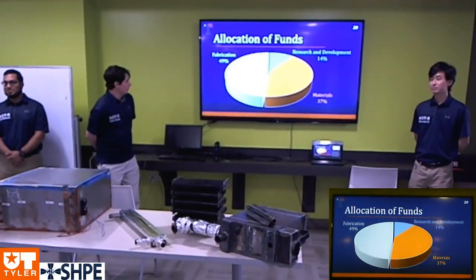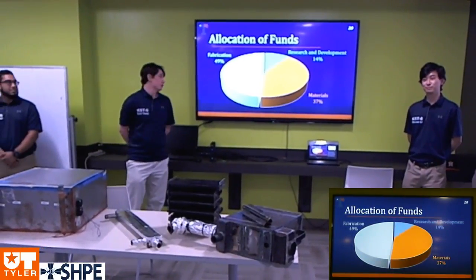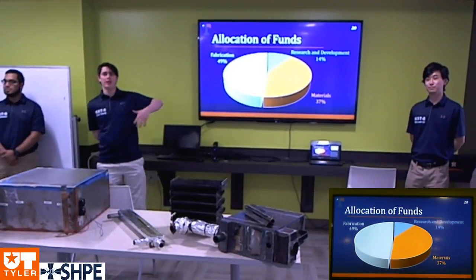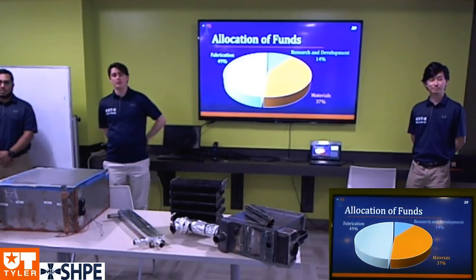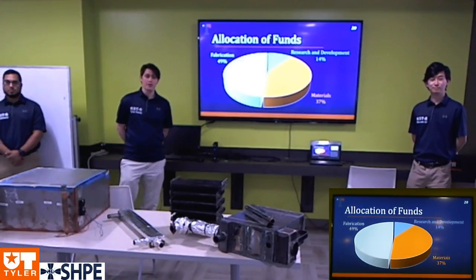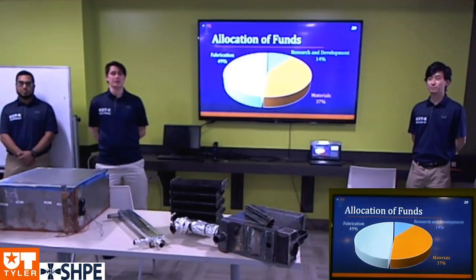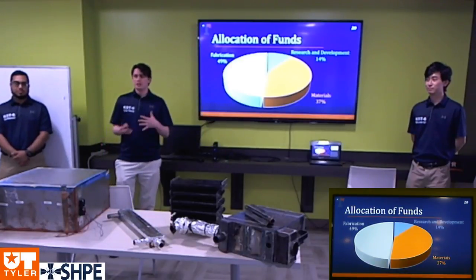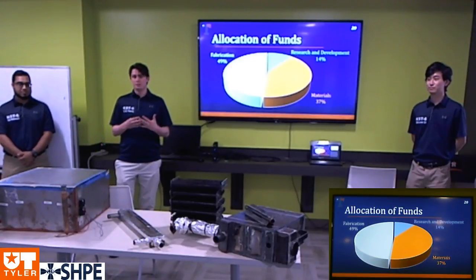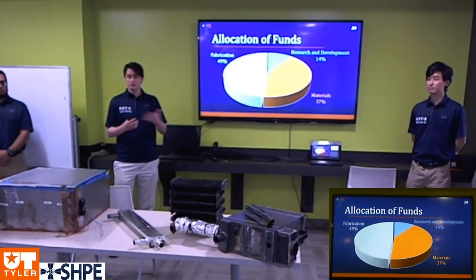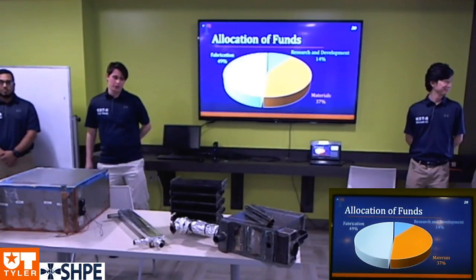So our funds were spent according to 3 phases, starting with research and development and ending with the fabrication phase. The majority of our funding, of course, went to the fabrication phase because that required special machining, and we have custom parts, especially on our final prototype.